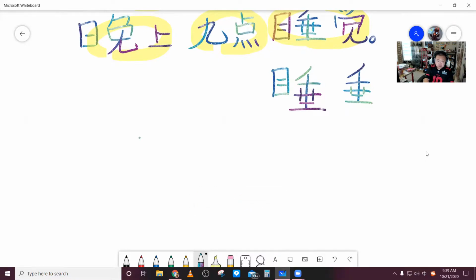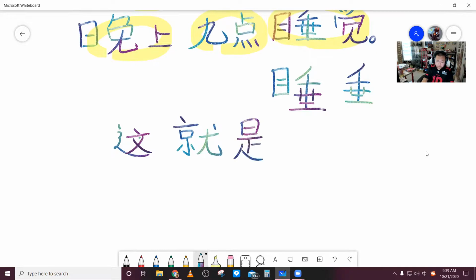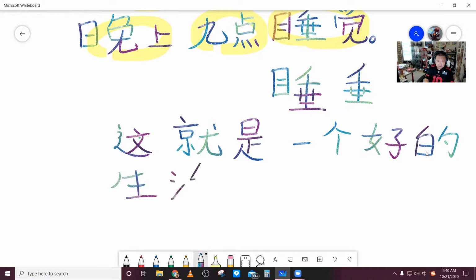We're going to say 这就是一个好的生活习惯。 See, you wrote 生活习惯 at least 3 times in this paragraph.